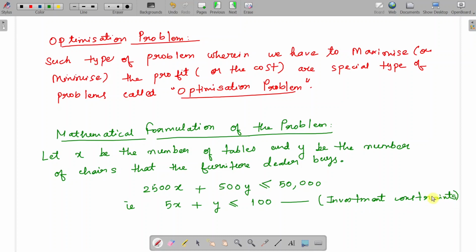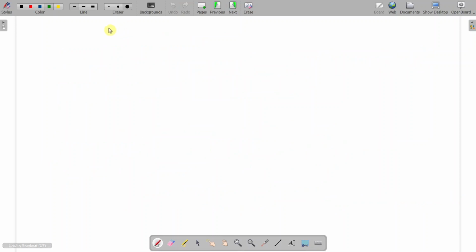Constraints are basically the conditions. Okay, so the investment constraint is this. Now also we know that he has a space to keep only 60 items, at most 60 items. So what we will have is x plus y is less than or equal to 60. So this is known as the storage constraint, right?